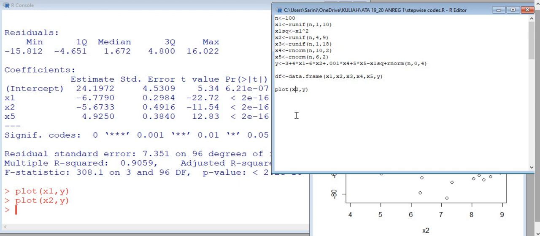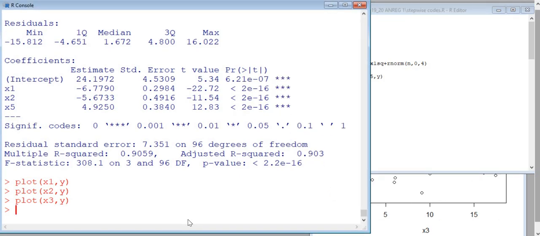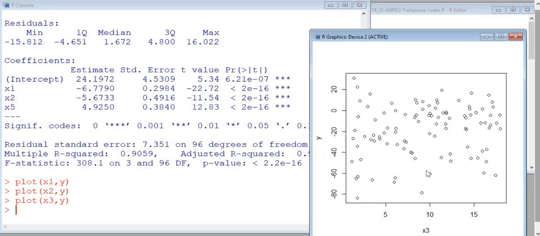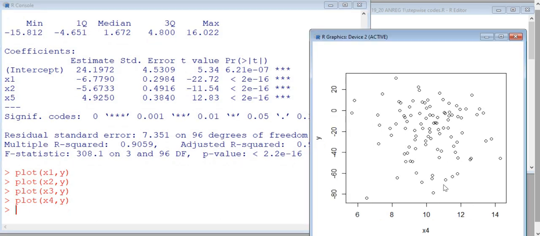If we try x3 here, then we have no pattern at all, so I can expect x3 to be excluded from the model. And then if we plot x4, again, a really random pattern.